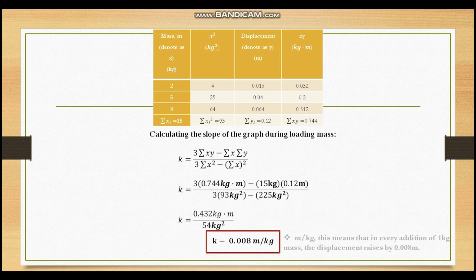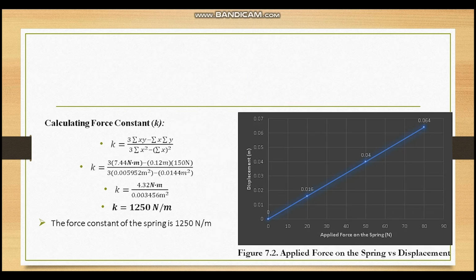For this, we got a slope of 0.008. In calculating the force constant, we got a value of 1,250 newtons per meter.